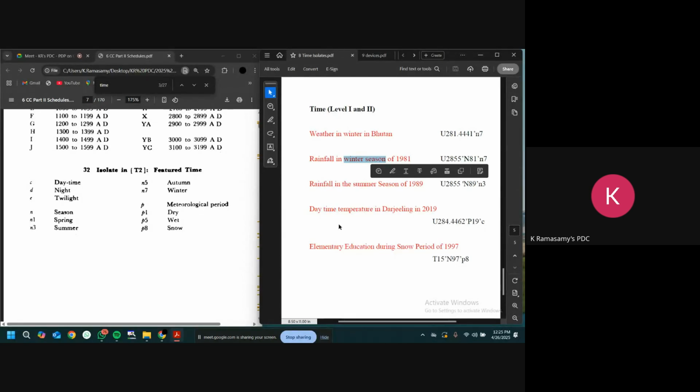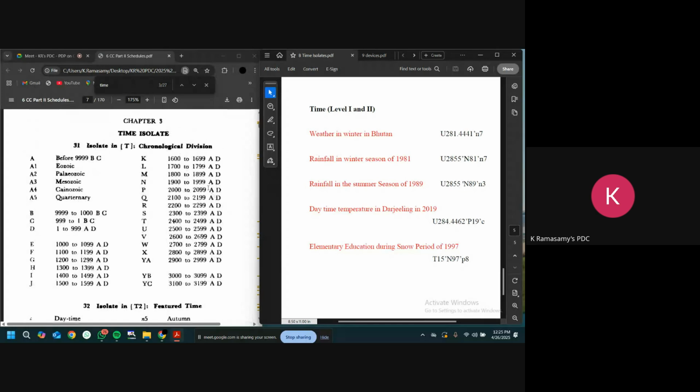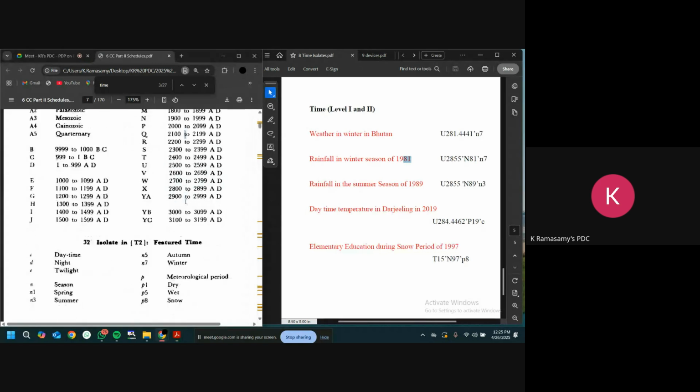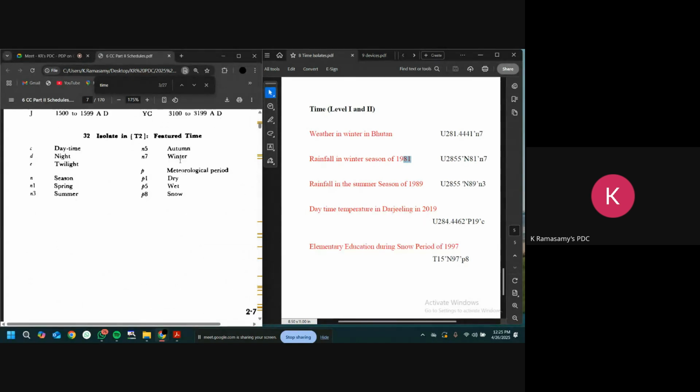Both are time facets. In this, 1981 is a T1. What is the winter season? Winter season, all the seasons and time periods are time 2 level. What is the number for 1981? N81. See, 1900 starts from here. So you write N. After writing N, write the last 2 digits, 81, N81. What is the number for winter season? I just go and check here. Winter season.